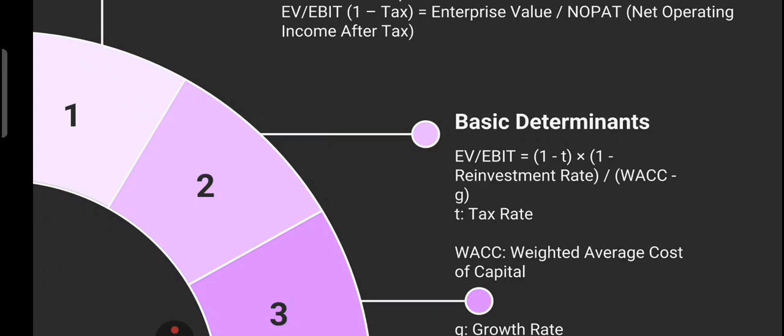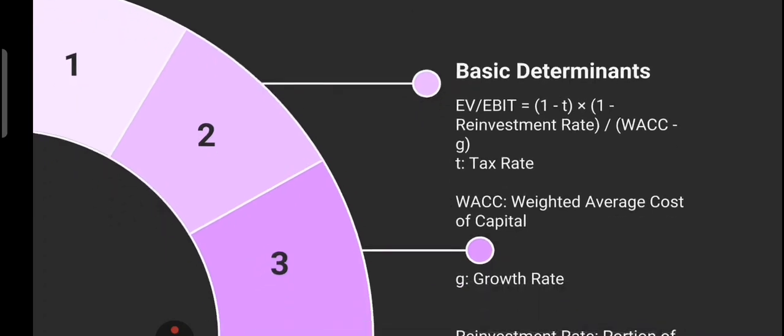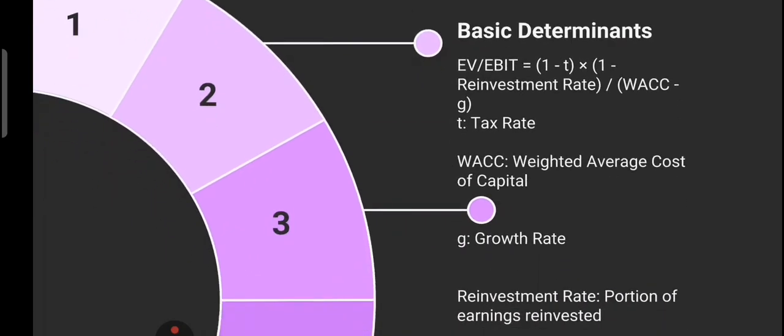First is the tax rate, denoted by small t. WACC, weighted average cost of capital. G means growth rate, and R, reinvestment rate, means how much of the earnings are put back into the business. And the formula is 1 minus t multiplied by 1 minus reinvestment rate divided by WACC minus G. So this is the funda for computing EV upon EBIT, right?